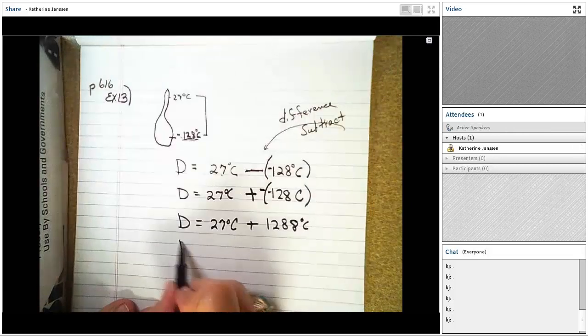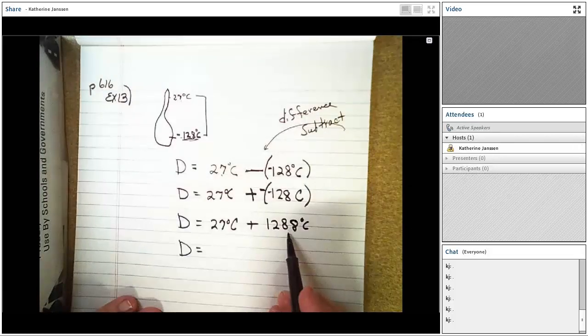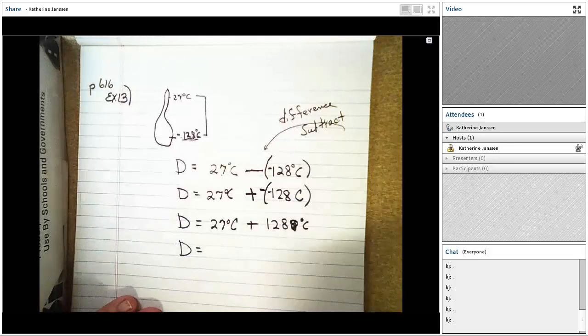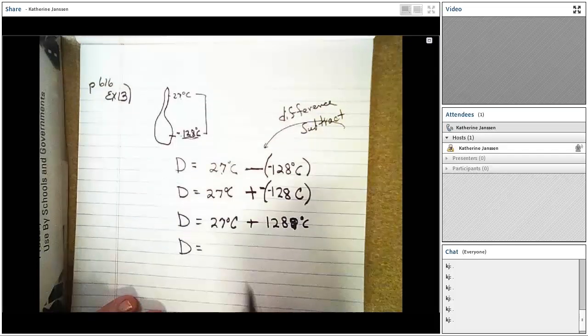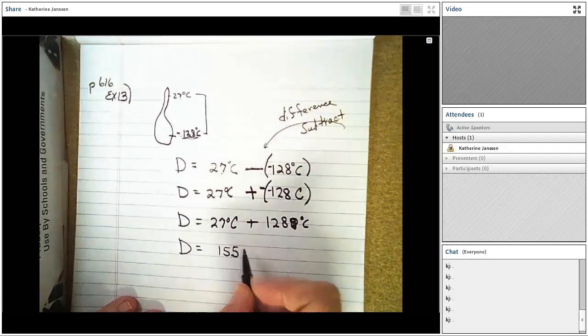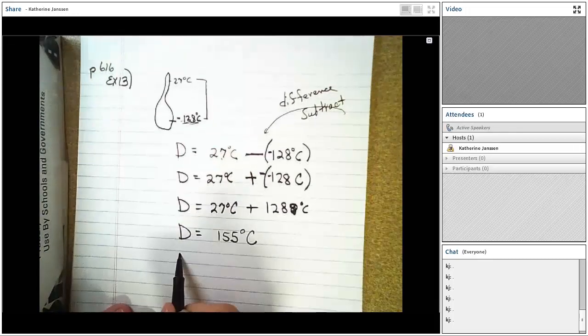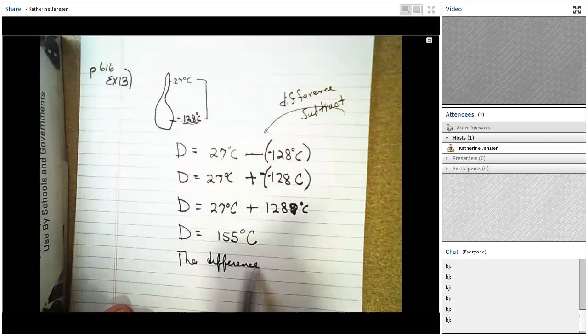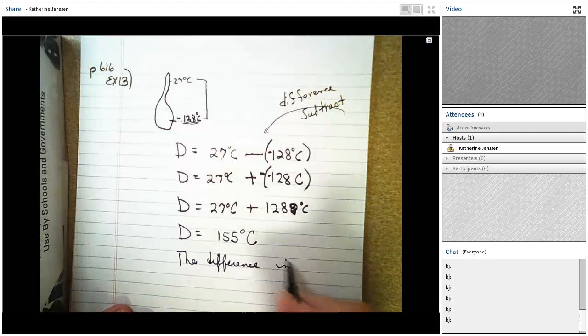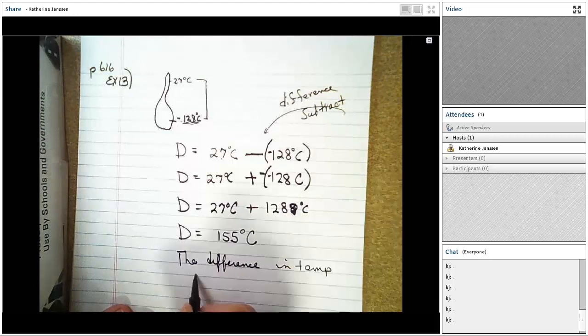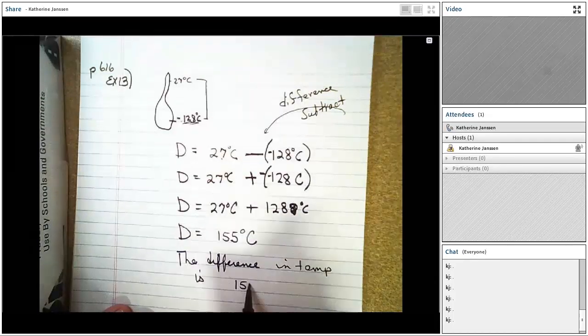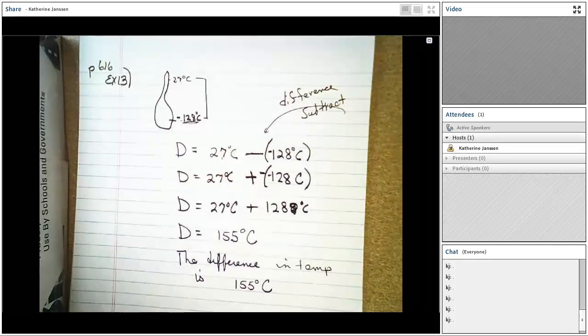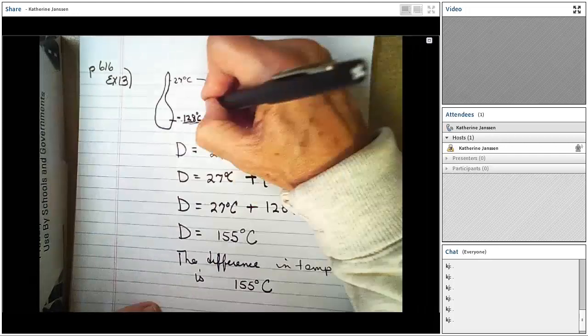Now I can add 27 degrees Celsius plus 128 degrees Celsius and get 155 degrees Celsius. So the difference in temperatures is 155 degrees. So we're looking at the range.